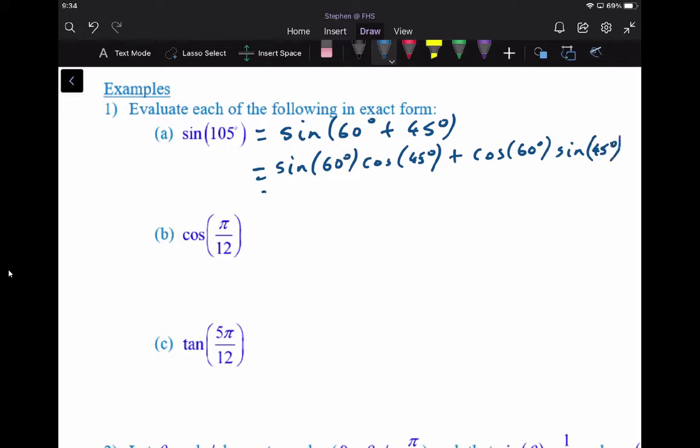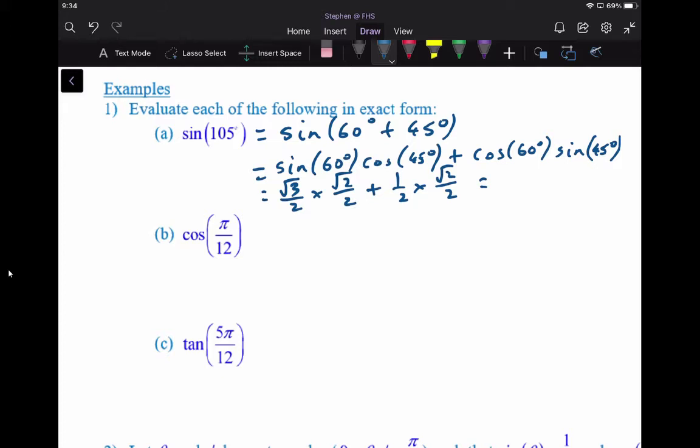So that's all you got to do. Sine of 60 degrees, well, that is root 3 on 2. You need to know your exact values. Cos 45 degrees, that's root 2 on 2. Cos 60 degrees is a half, and sine 45 degrees is root 2 on 2.